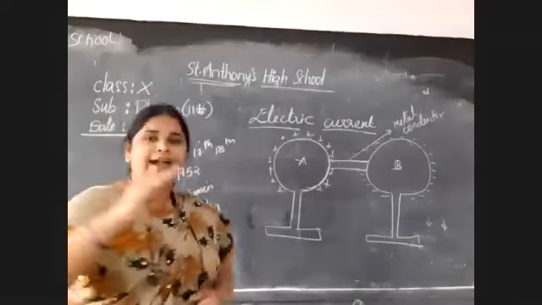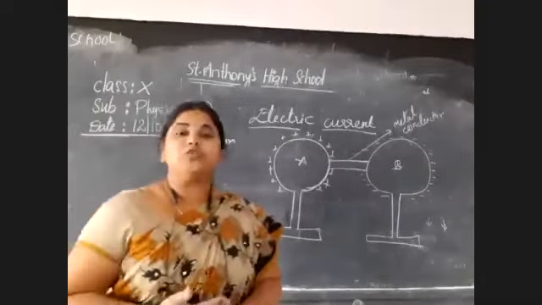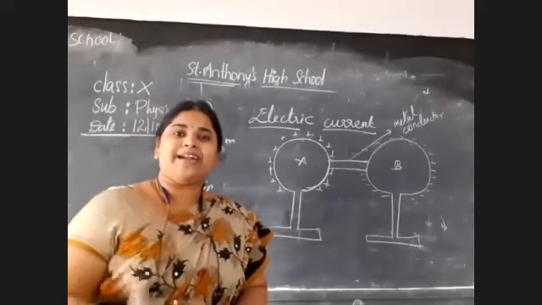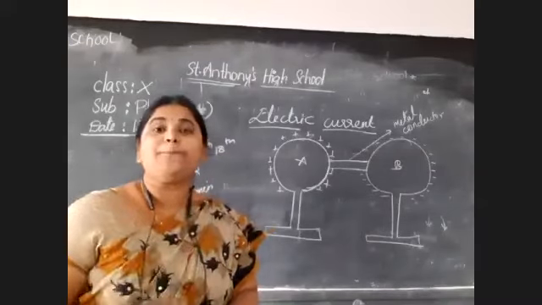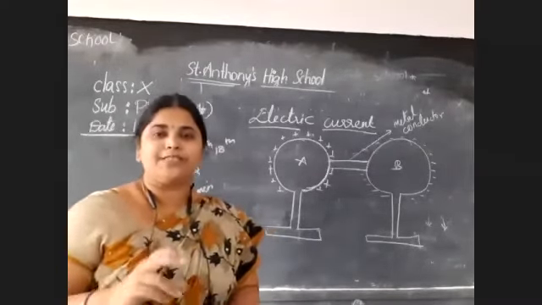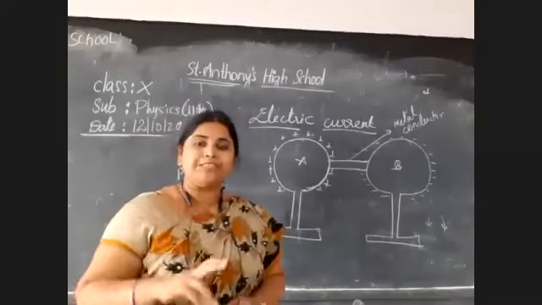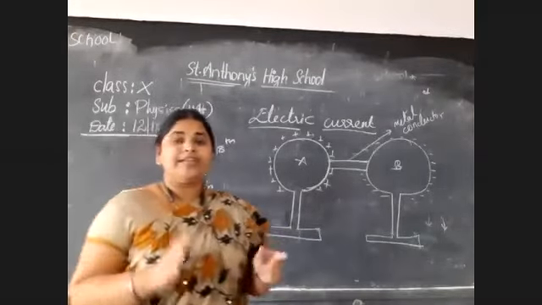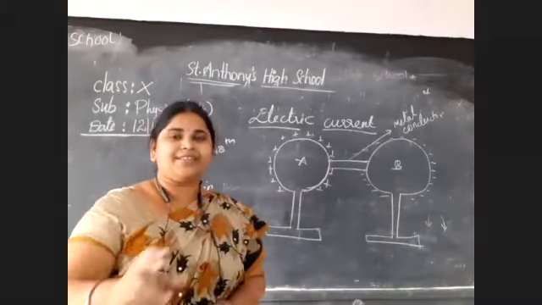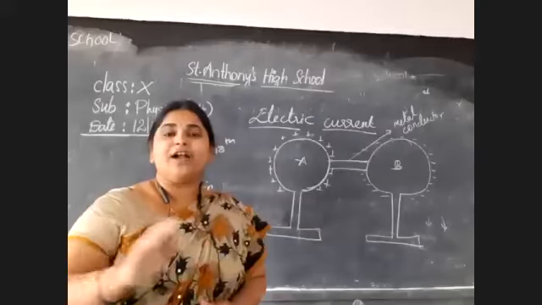Yes or no? At that time, all the scientists used to think that the charge flow, the electric current, was produced due to positive charges, means positive ions, not protons, positive ions. So they considered only positive charges. Until the 19th century, the electron was not discovered.